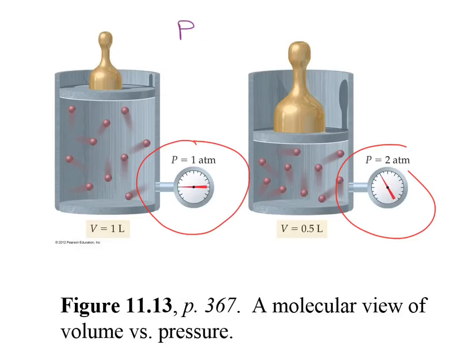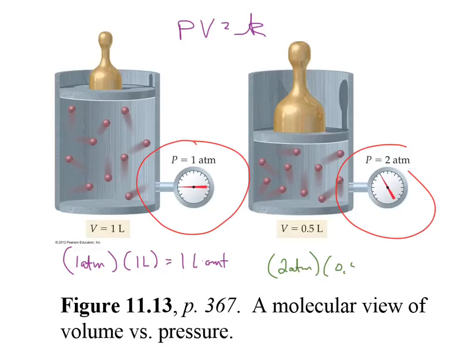So we said PV is equal to K, according to Boyle. So let's take our pressure, which is 1 atmosphere, times our volume, which is 1 liter. So that equals 1 liter atmosphere. Looks okay? Over here on the other side, I'll switch to green. We're going to take our pressure, which is 2 atmospheres, times our volume, which is 0.5 liters.